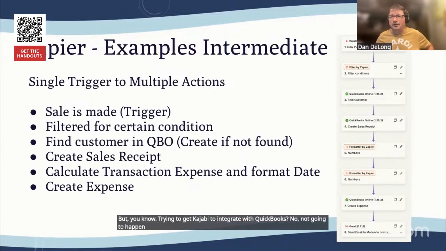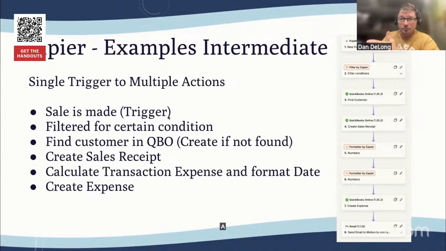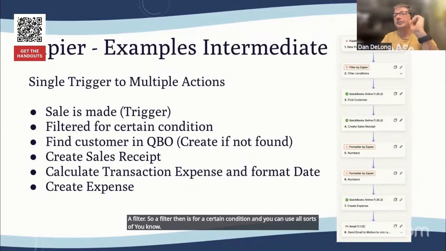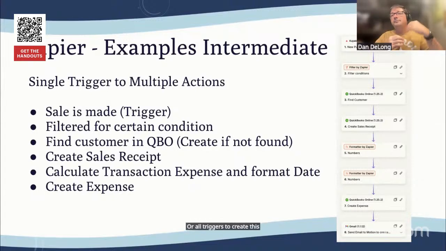So this is where Zapier came in to help me out. First thing was a new purchase would happen. Then I would add a filter. A filter is for a certain condition, and you can use all sorts of filtering. You don't want all sales or all triggers to create this action, so you can filter that out.